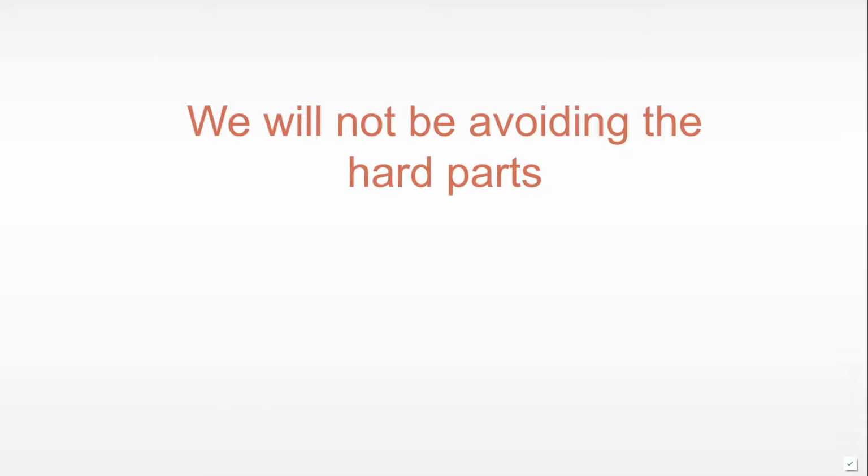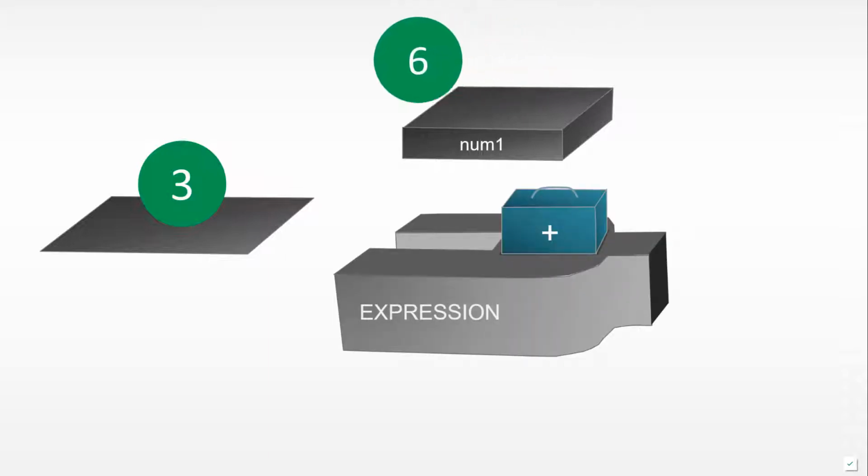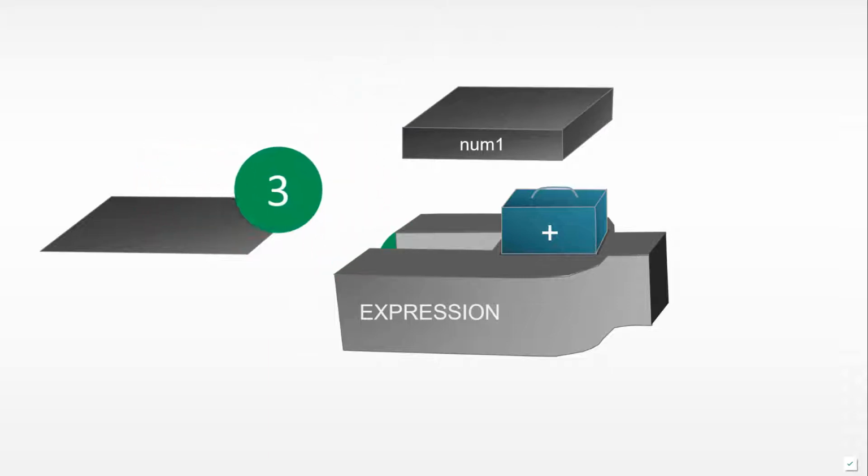Now, of course, starting from the ground up does not mean that we would be skipping the hard part of the language. Sure, we would try to use simple models as much as we can to illustrate simple concepts. For example, we can easily visualize the addition operator in JavaScript as something that requires 2 operands to return a value.